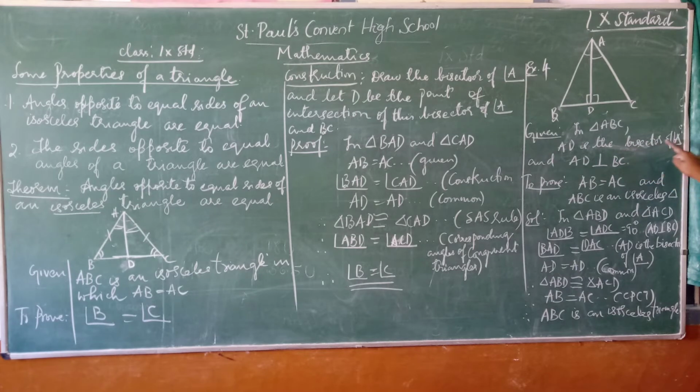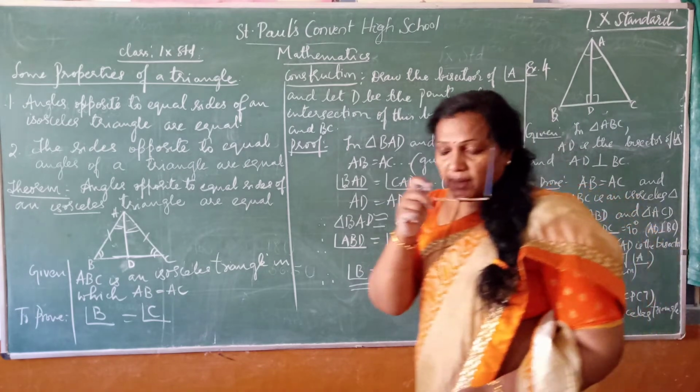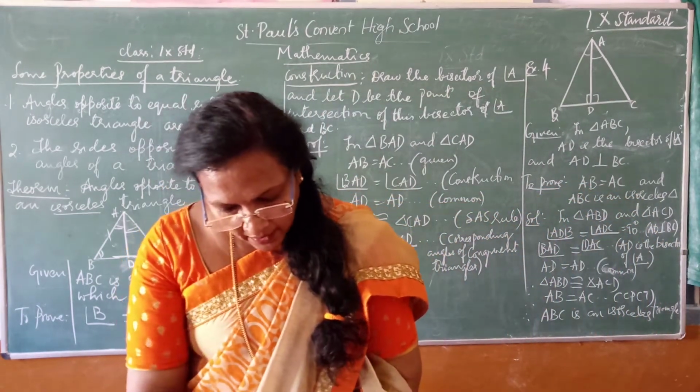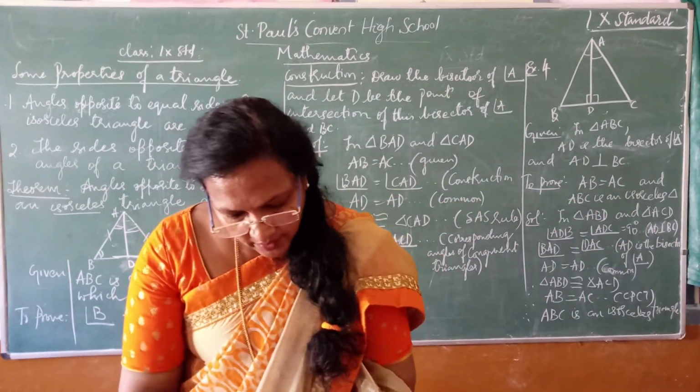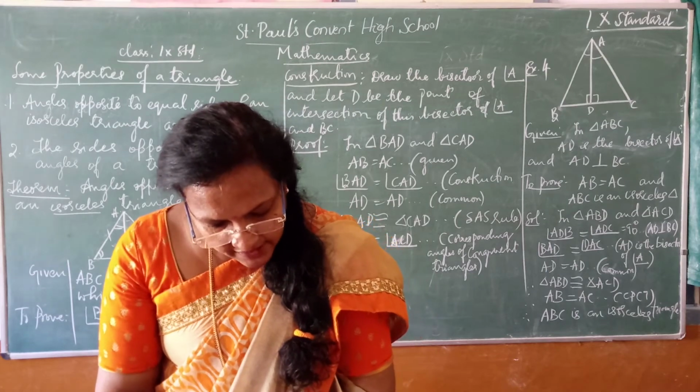So AD is the bisector of angle A, as well as AD is perpendicular to BC, as already given in the statement of example 4. It is on page number 95, example 4.